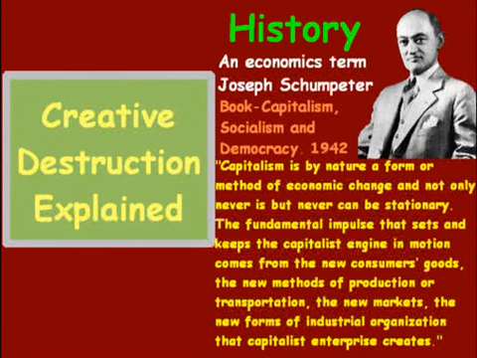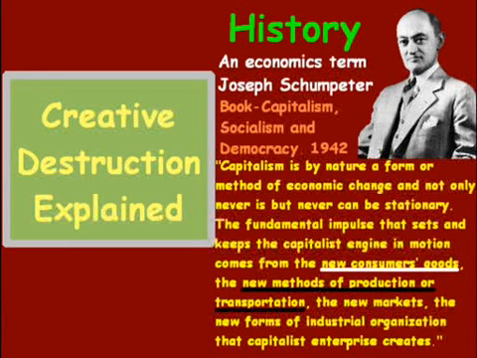I'm going to highlight the key points: creative destruction comes from entrepreneurs that create new consumer goods, new methods of production or transportation. It opens up new markets and new forms of industrial organization, and that's what the capitalist enterprise creates. In other words, you're innovating and stuff like that.